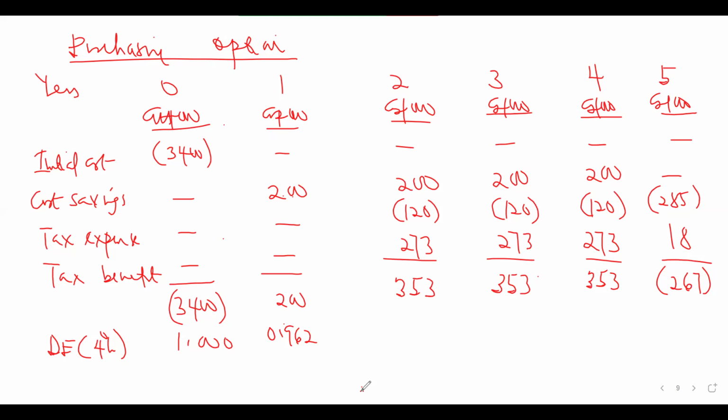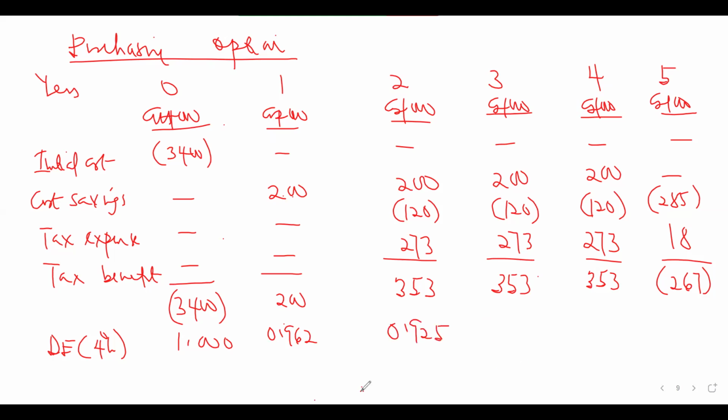The second year is not annuity; it will be one divided by 1.04 squared, which is 0.925.